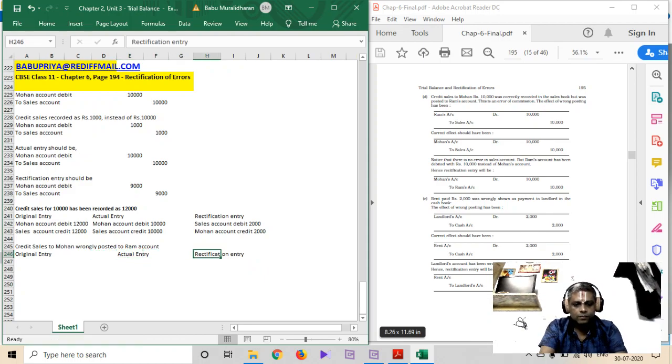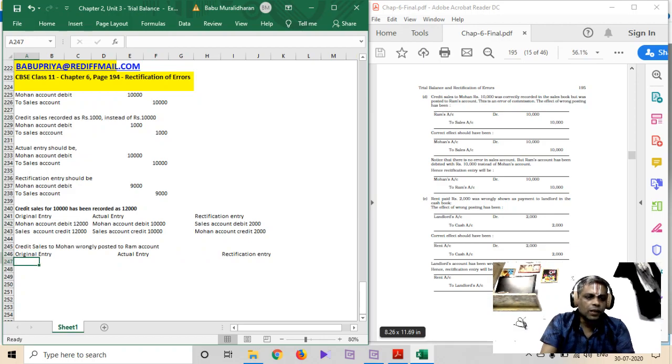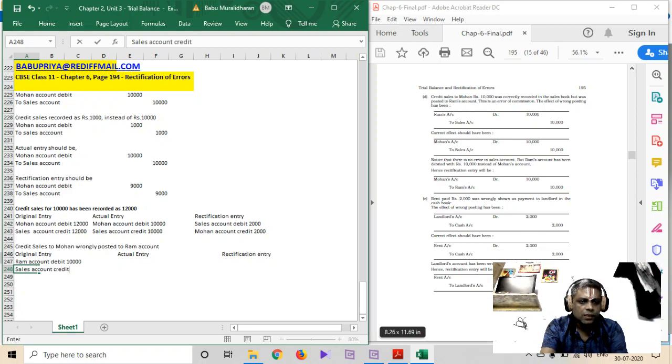The entry processed is Ram account debit 10,000 and sales account credit 10,000. But what should be the correct entry? Mohan account debit 10,000, sales account credit 10,000. So what should be the rectification entry?